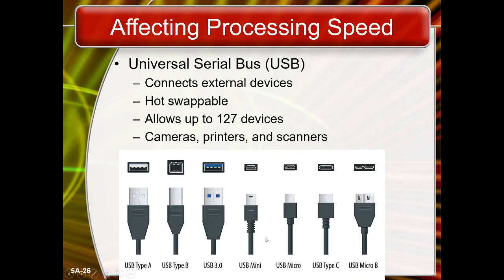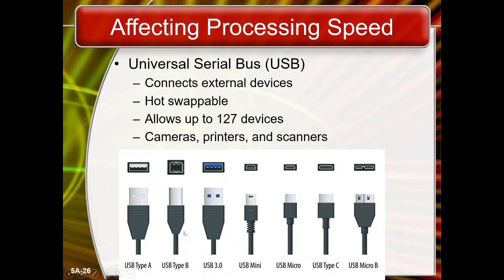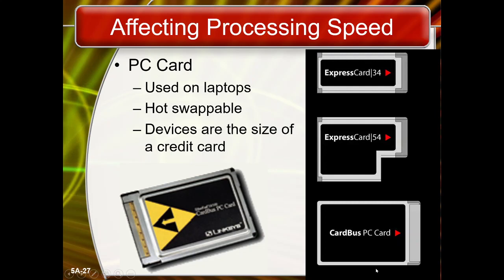These are different types of USB, universal serial bus, you commonly use. These are hot swappable plug and play devices. It allows up to 127 devices. These are categorized by type A, type B, 3.0, USB mini, micro, USB type C, and micro B. PC cards are also used.